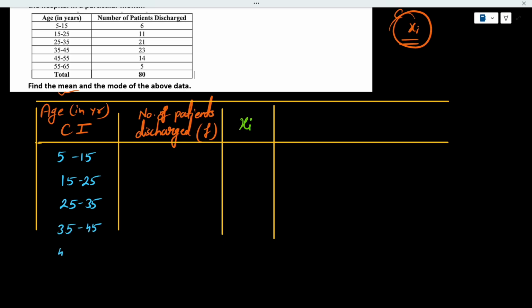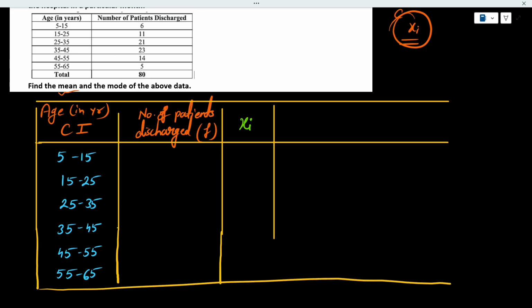This type of question is all based on calculation. It's very easy if you remember the formula, and you should not go wrong with any of the calculation. Let us complete the table here. I can make a horizontal line also. So this is your table to calculate the mean.